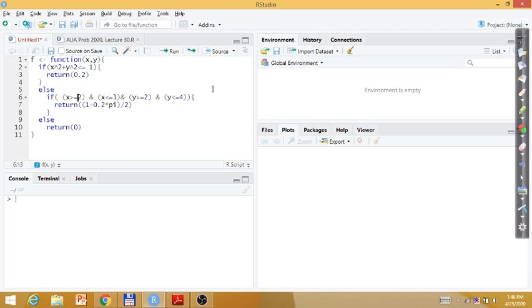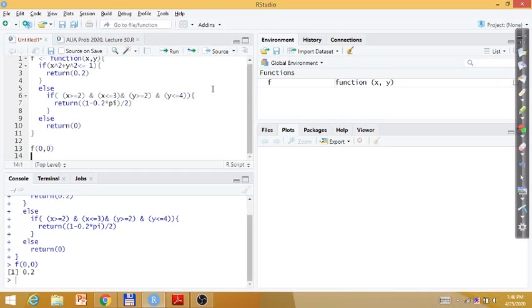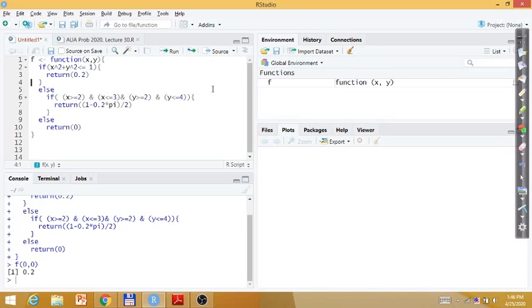Okay, so I'm running this part of code. Let me check, say, f at the point 0, 0 at the origin. So f is 0.2. One thing that may be wrong with this f is that I cannot put many values into f.